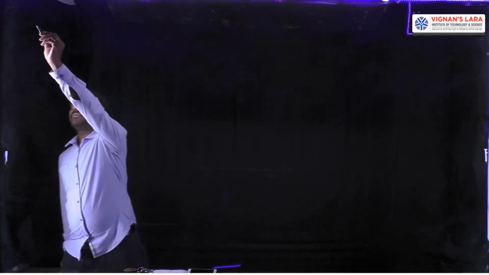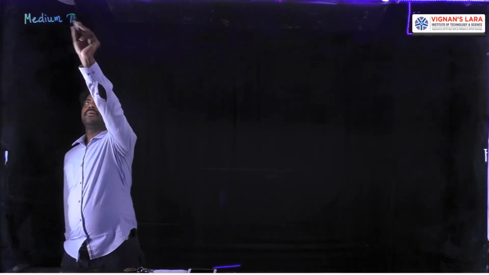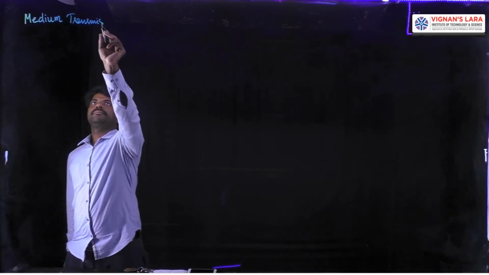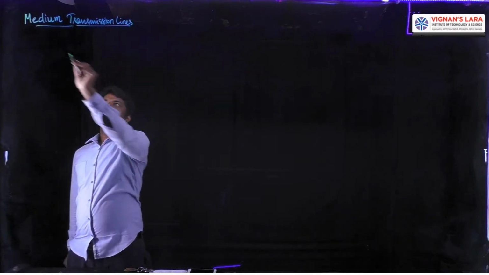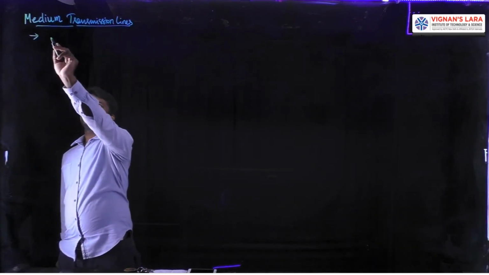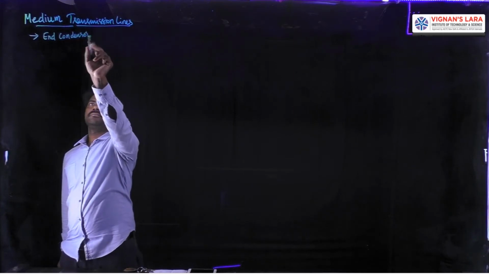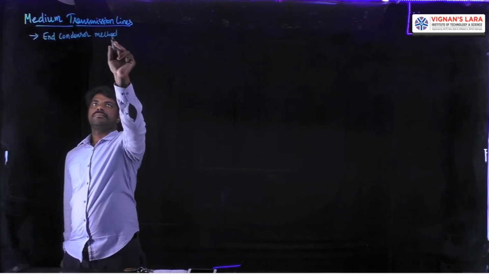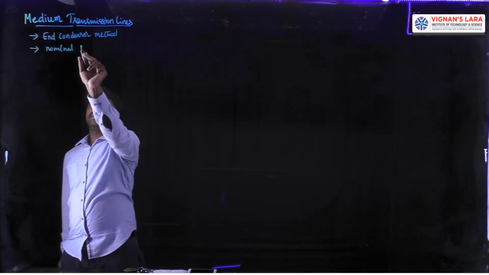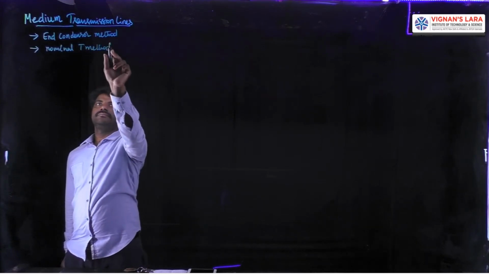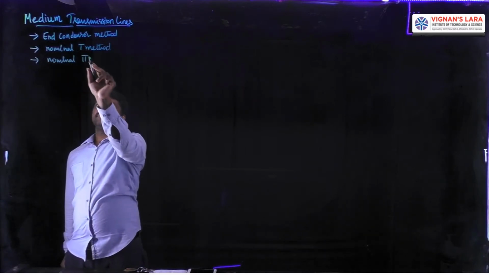Coming to the medium transmission line, the classification is done in the way of end condenser method, nominal T method, and the last one, nominal pi method.